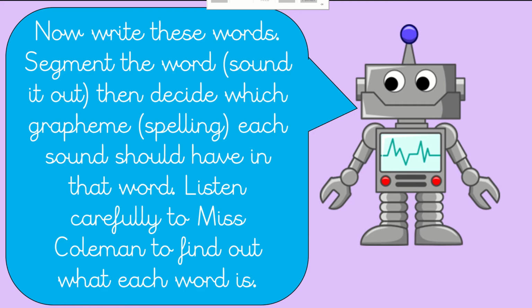Okay, the next one I want you to have a go at writing is the word future. Okay, and the next one is the word hedge.